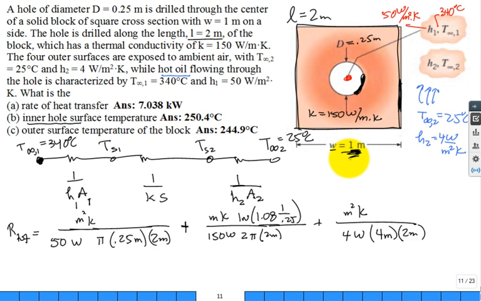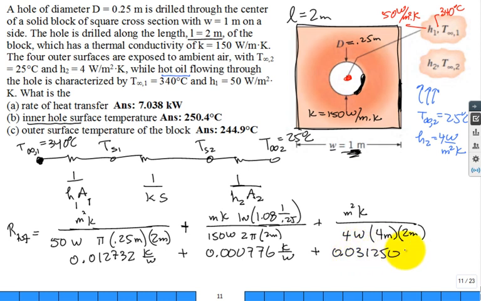Okay, well, when you make this calculation, this becomes 0.012732 Kelvin per watt. This becomes 0.000776 Kelvin per watt. And this becomes 0.031250 Kelvin per watt. When you add them up, you get a value.